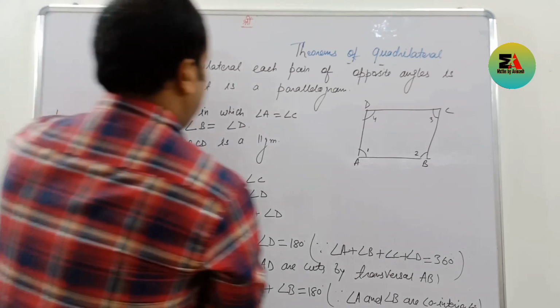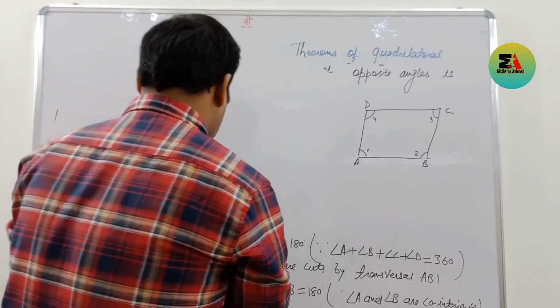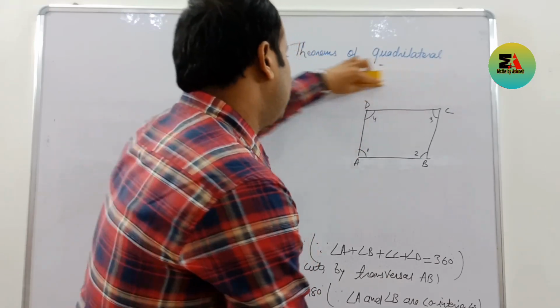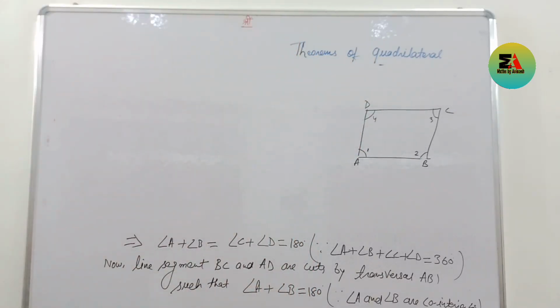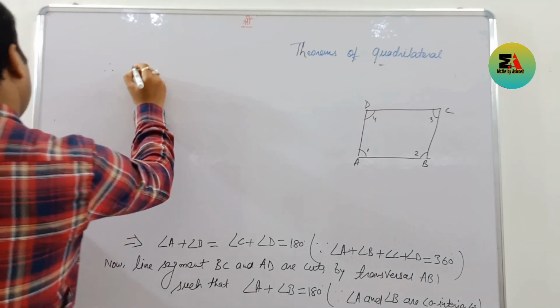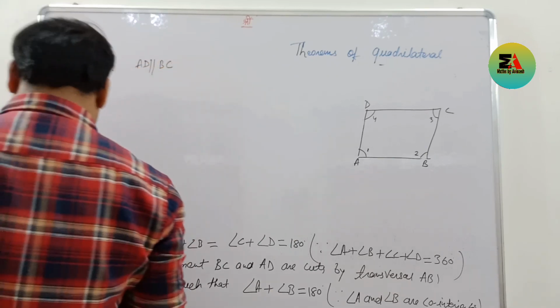Next we have to write here. These are co-interior angles. Therefore, what do we write? AD parallel to BC.